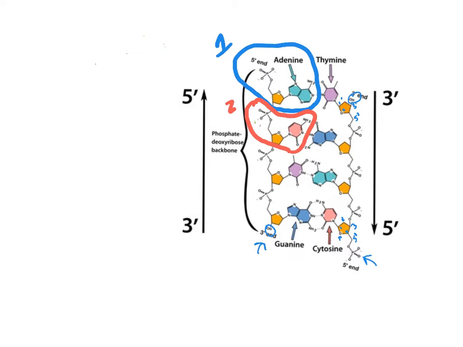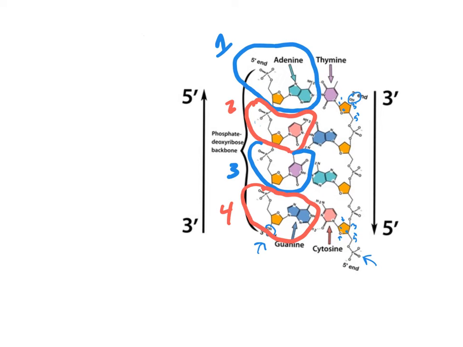And third, phosphate, sugar, nitrogenous base. Fourth, phosphate, sugar, nitrogenous base. In order, in opposite order, anti-parallel to the other complementary strand. So again, complementary, where you see A, over here you're going to see T. Where you see G, here you'll see C.